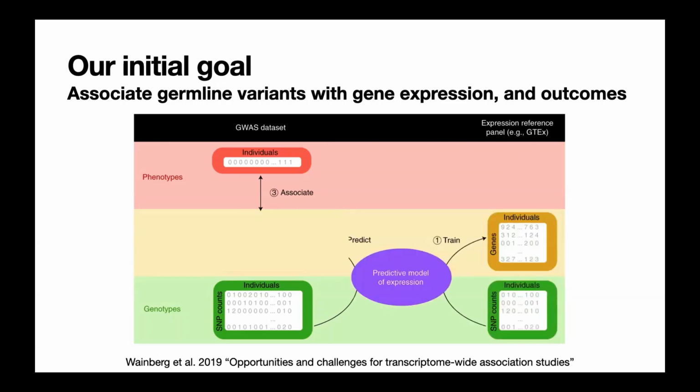So instead, this is a data integration idea, which has been proposed in the past decade, which is to learn a fixed set of weights which map from genotypes to gene expression. We learn these weights with just penalized regression models, because of the dimensionality.